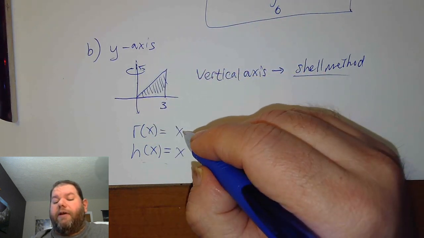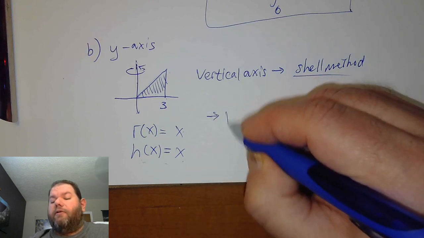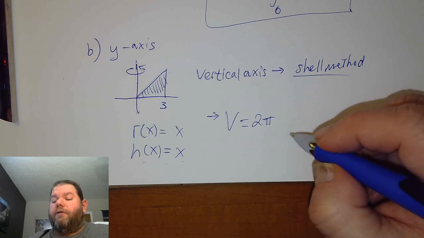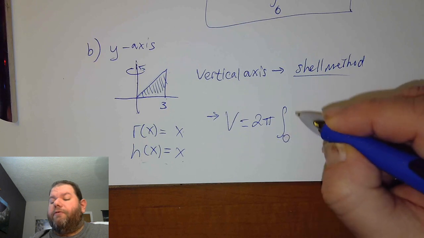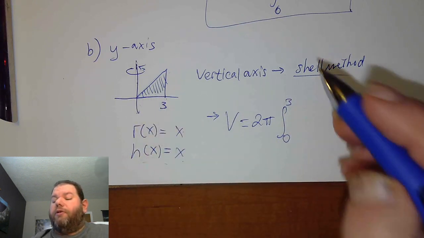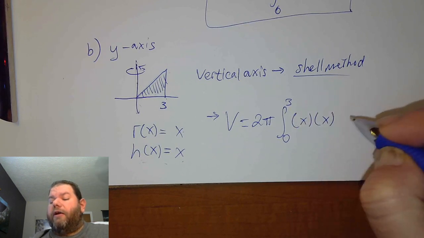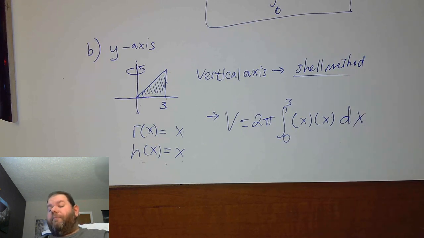So r of x is x, h of x is x. So our formula is 2 pi integral 0 to 3. We'll once again use the same limits of integration. And then we just plug in x and x for r and h respectively, dx.